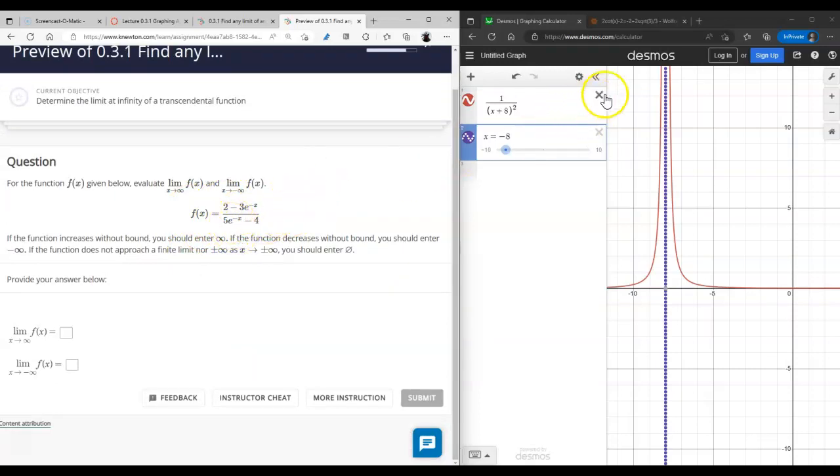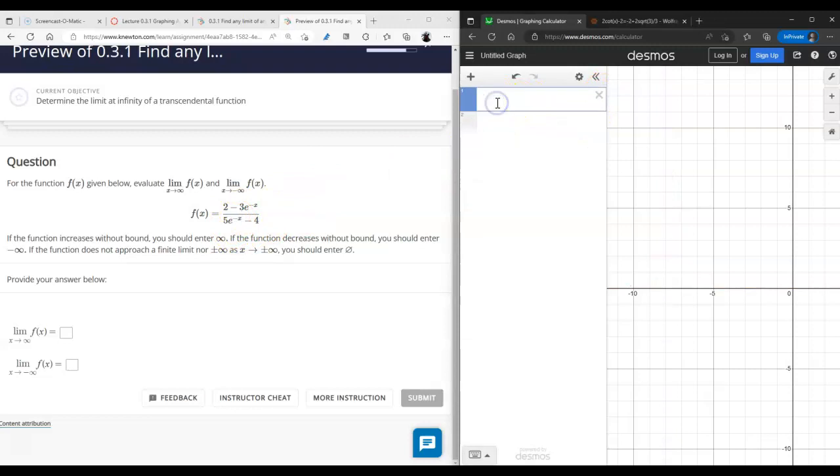For this one, if you weren't allowed to graph this by hand or with technology, you would have to figure out the limits analytically, or in any other way. But in our case, we're using the graphing approach, so we're just going to graph the function.